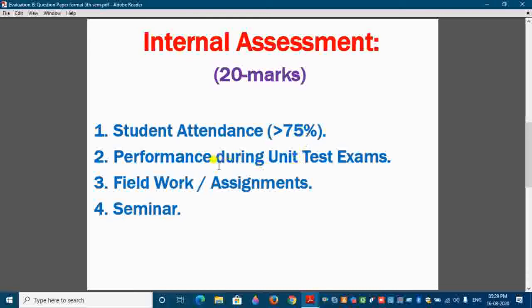Then your performance in the unit test exams, which will be carried out in the colleges; you must attend and appear in that particular test. Then you can get one field work or some assignments. You have to complete that field work or assignment, make a report, and submit that report to your professor, and then you can get the internal assessment marks.